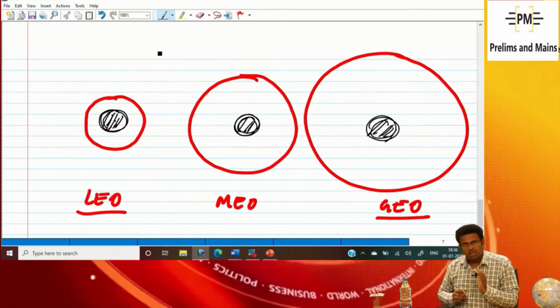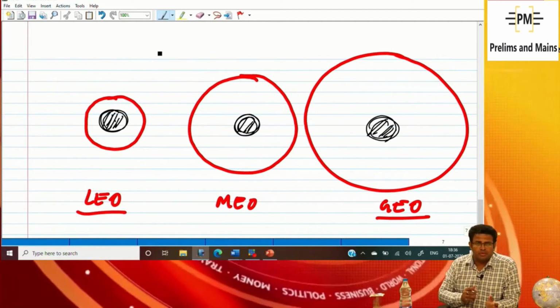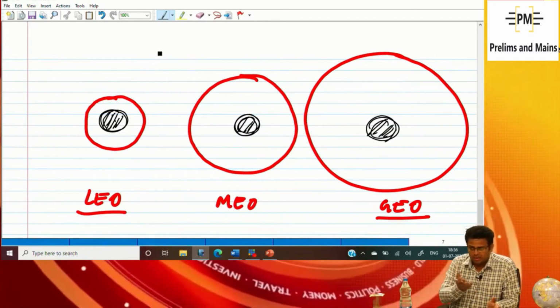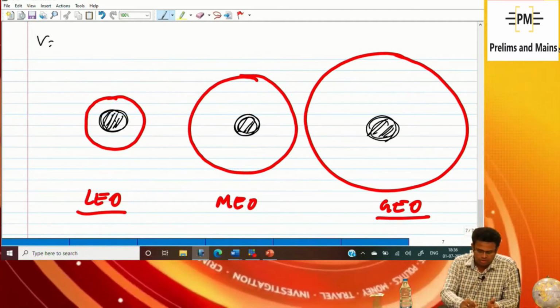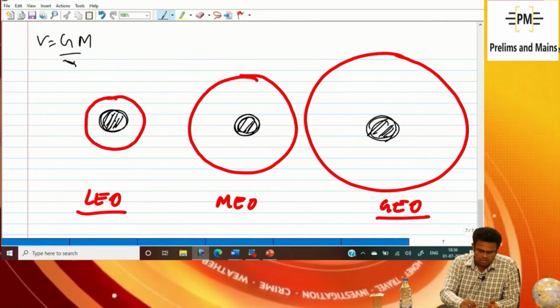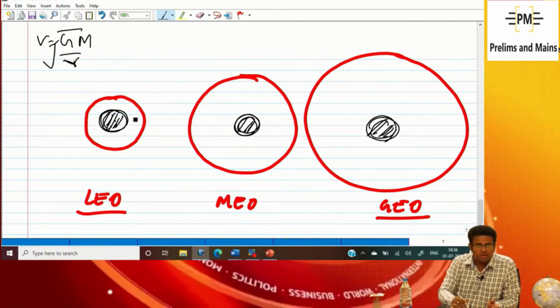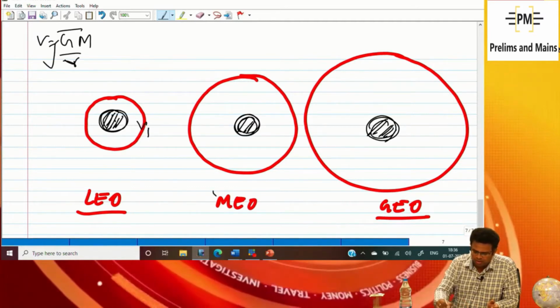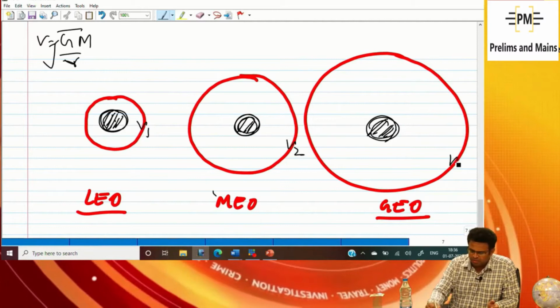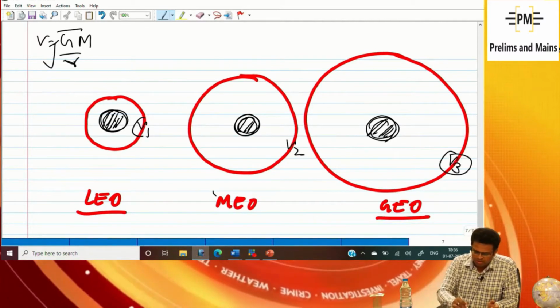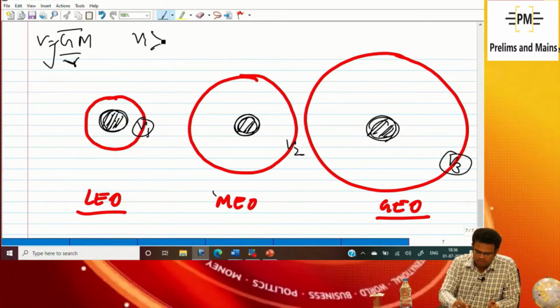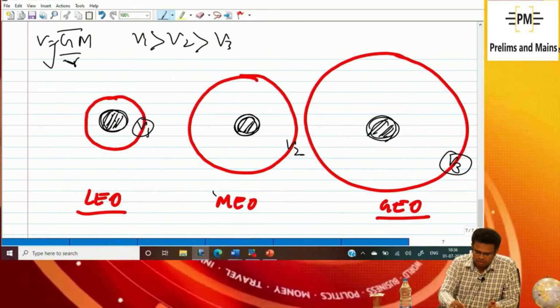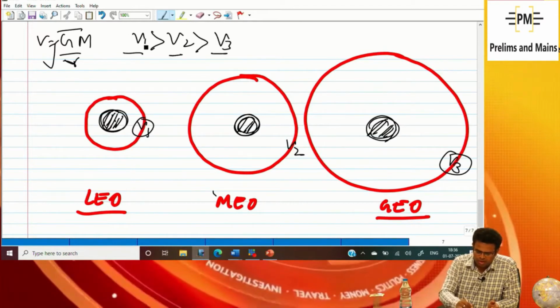Perhaps you remember the first day class, when I talked about V equals to root of GM upon R, meaning as the radius keeps on increasing, the speed decreases. Here the V1 speed, here the V2 speed, here the V3 speed, and you know that V1 will be greater than V2, V2 will be greater than V3. So who has the highest speed?